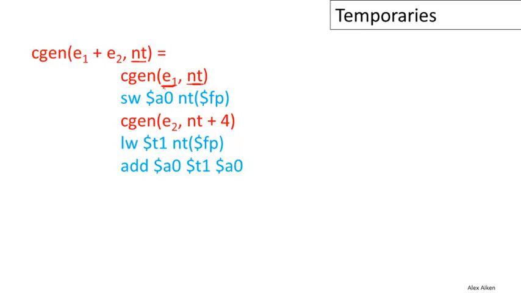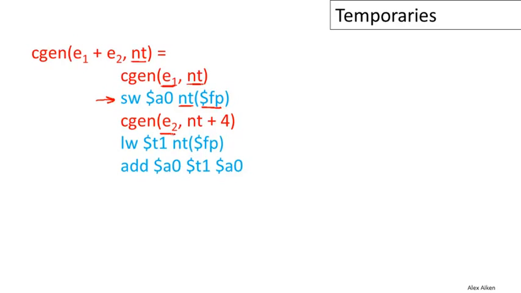And then after E1 is done evaluating, we just do a direct store into the activation record at offset NT from the frame pointer. Notice we have to save E1 in the activation record so we have it for later on, but we don't have to do any manipulation of the stack. So we replace 2 instructions here by 1.